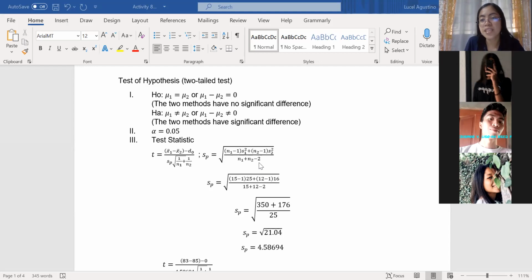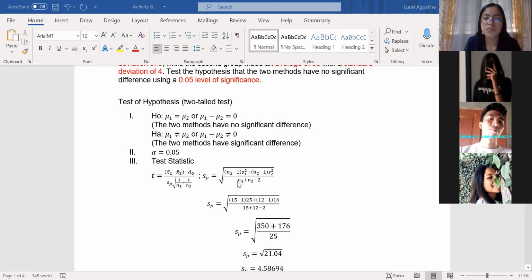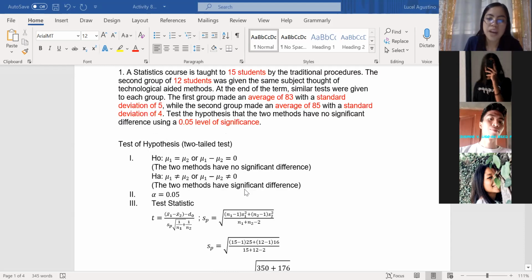This 2 is fixed na siya ha. So minus 2. And then, using the formula, substitute ta ang value.